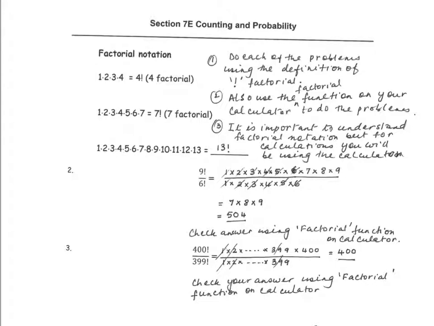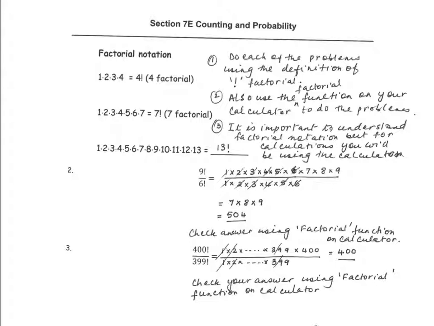So the first counting technique that we've learned is called the fundamental principle of counting, or the fundamental counting principle. Using that principle, we're going to come up with other formulas that do different types of counting. And in order to use those formulas, we need to learn what is called the factorial notation.